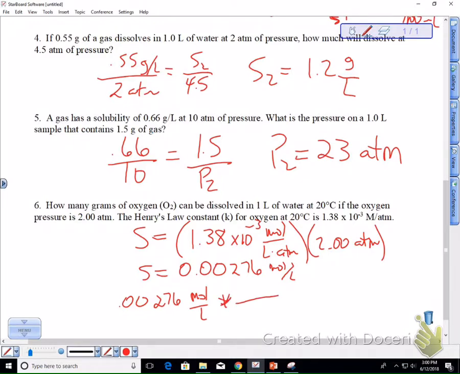We're dealing with oxygen, so it's 32 grams per mole. Therefore the final unit worked out to be 0.0883 grams per liter. If you have any questions about any of those, come and see me.